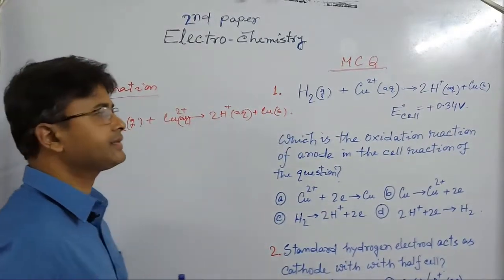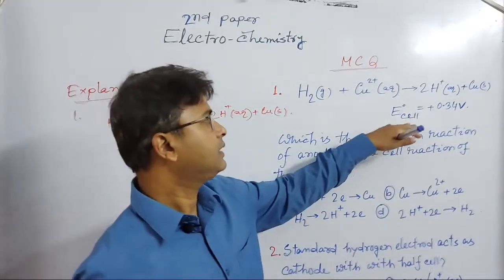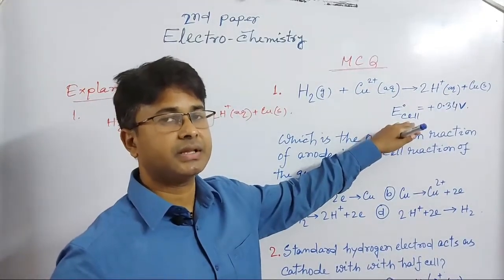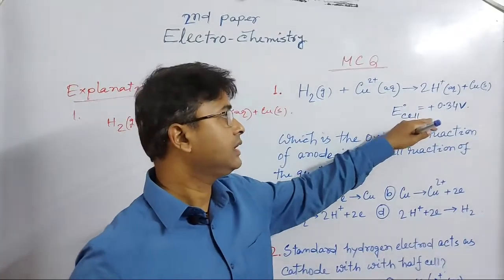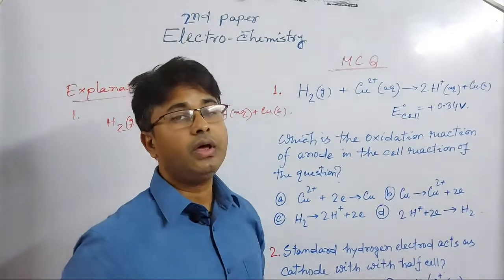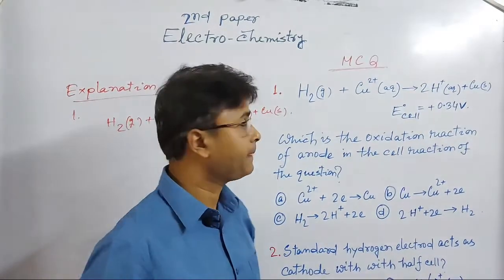Dear students, if you observe the value of E0 cell, I mean standard cell potential, you will see that the standard cell potential is positive. That's why the cell reaction occurs spontaneously.